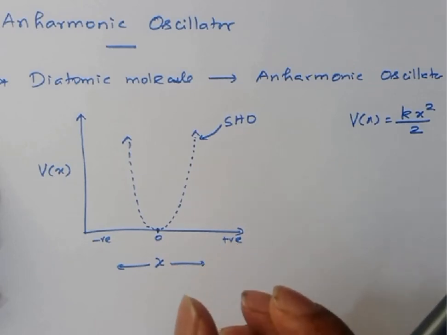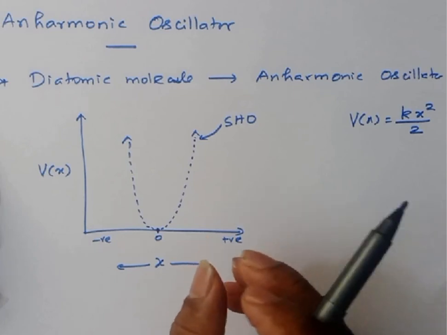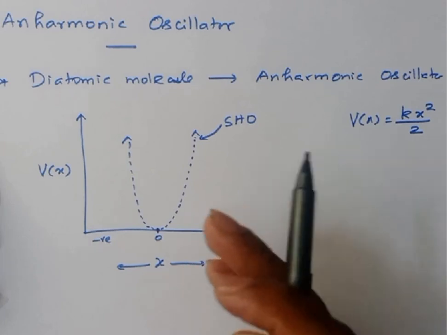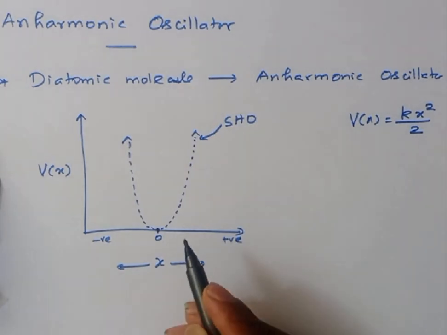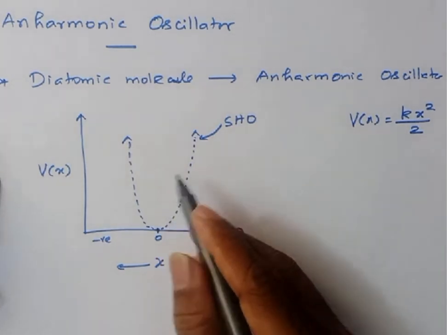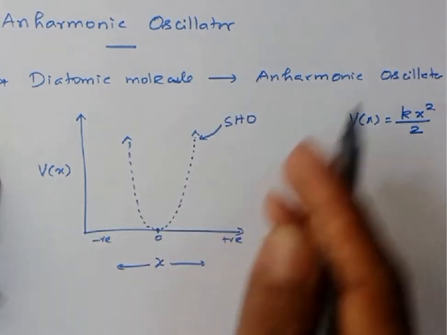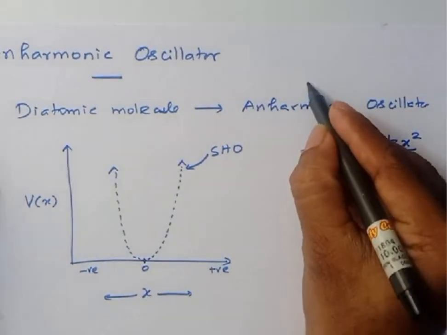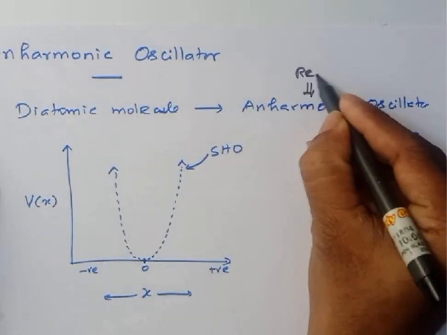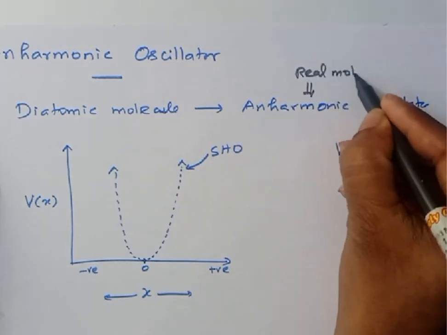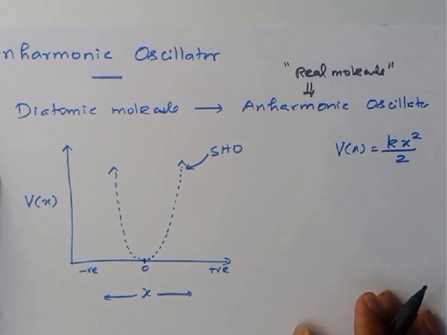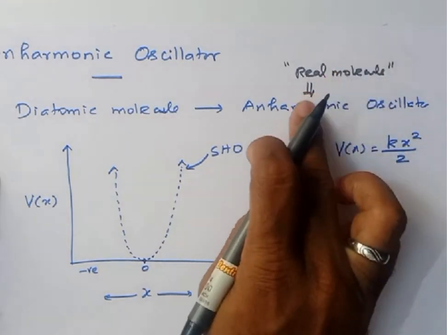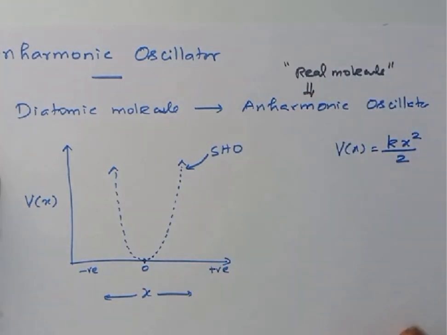After a particular amplitude of vibration, the bond will break. Therefore, the behavior of a real molecule we say is anharmonic. So real molecules are anharmonic oscillators.